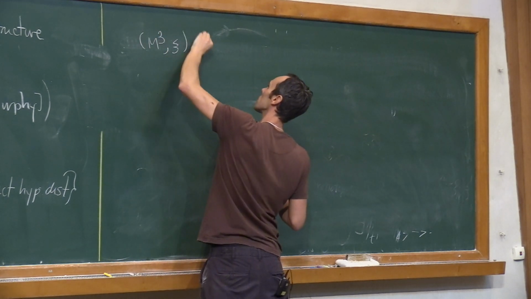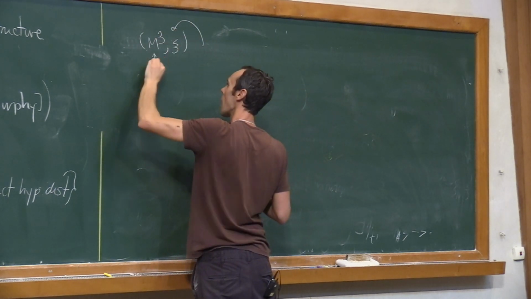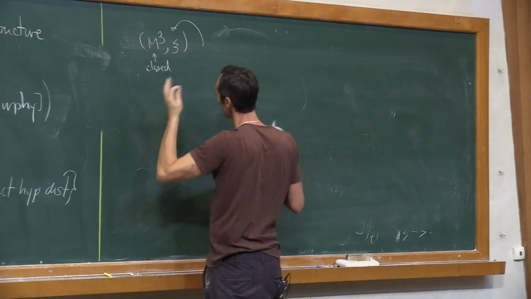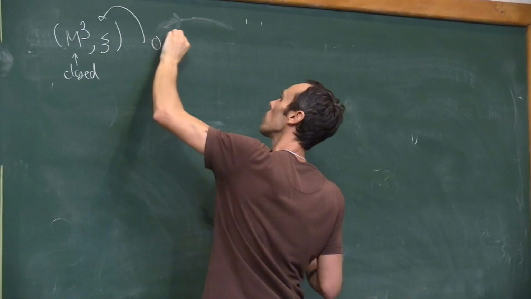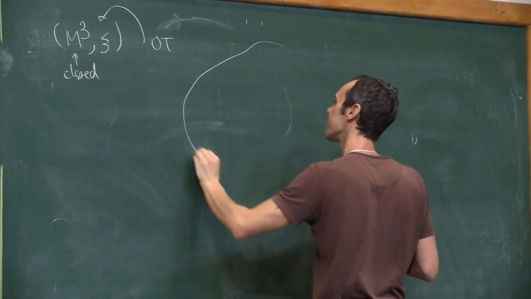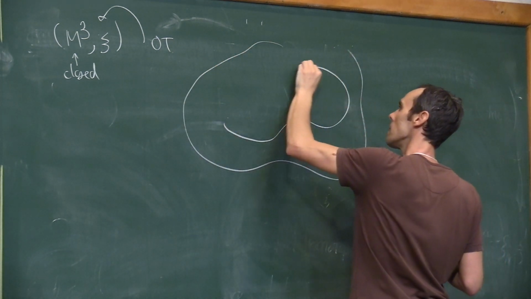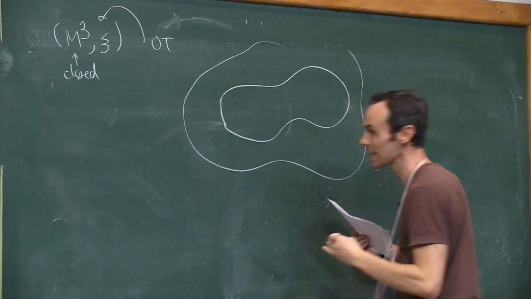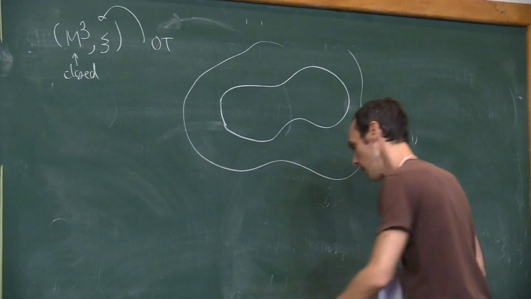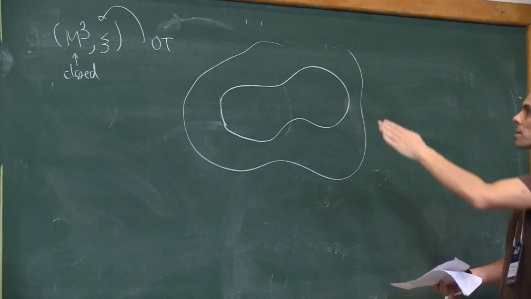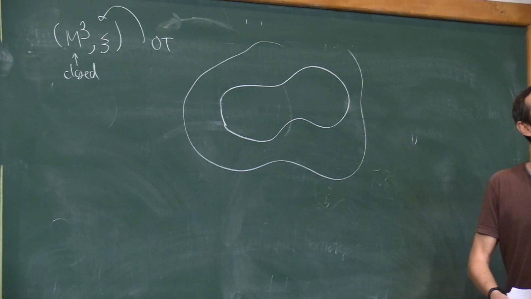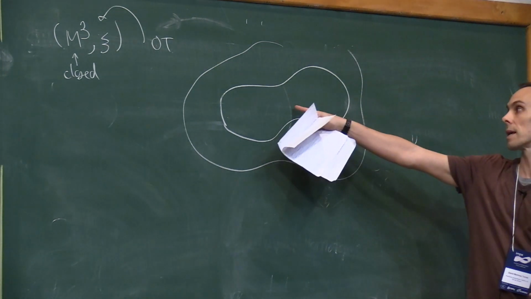When a contact structure on a three-dimensional closed manifold is over-twisted, well, when you're able to embed the disk, again, I'm not being entirely precise with the definition, but this is a surface, so you can intersect this surface with the contact distribution, and generically you're going to see here a line field.